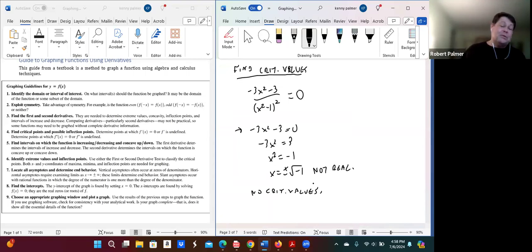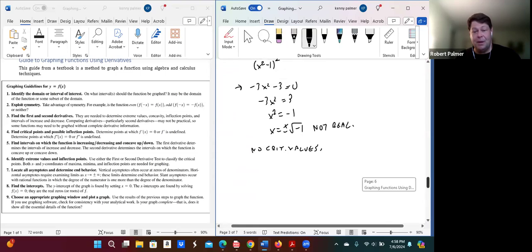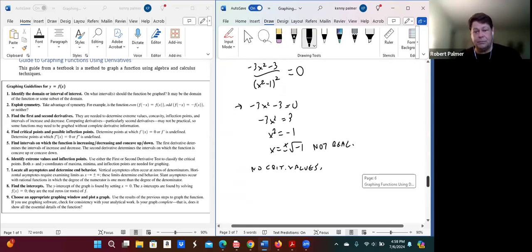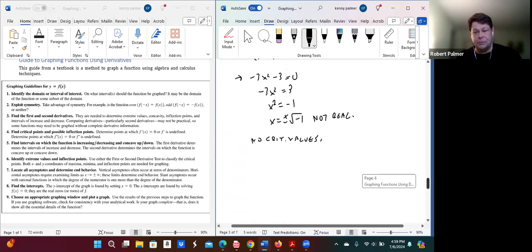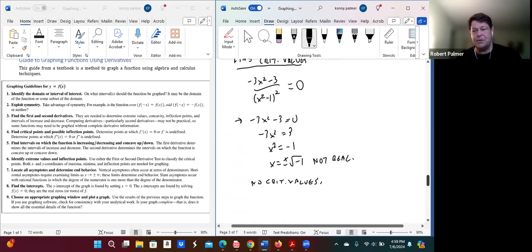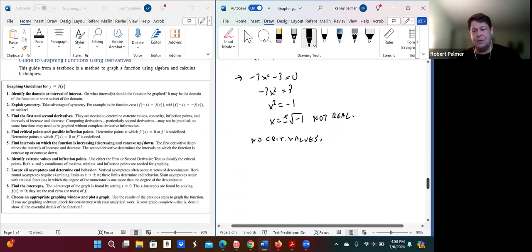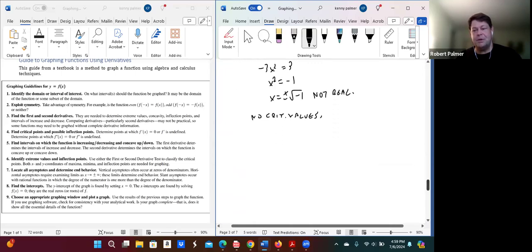So nothing is going to make the derivative equal to 0. That can happen sometimes, and some of these make our life a little bit easier as well. Let's think about what's next. Since there are no critical values, let's also find possible inflection points.